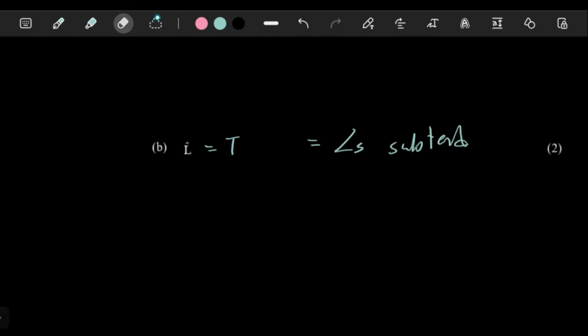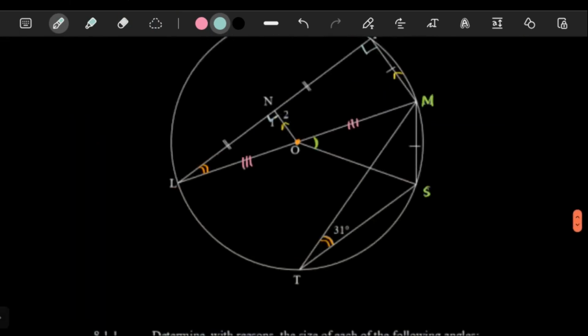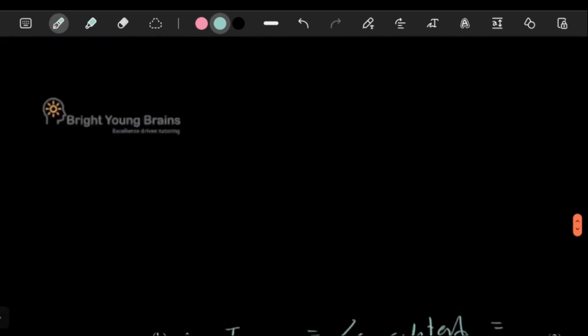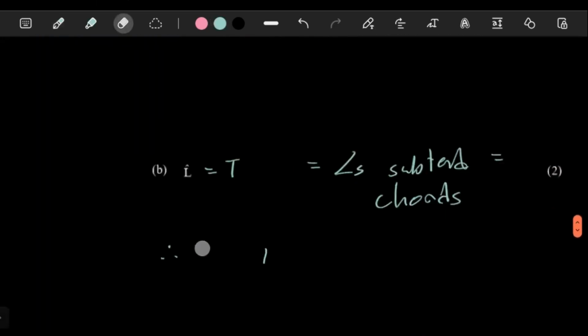You see, that's the reason. So here, therefore, T is also equal to 31. I mean, L is also equal to 31. L equal to 31.